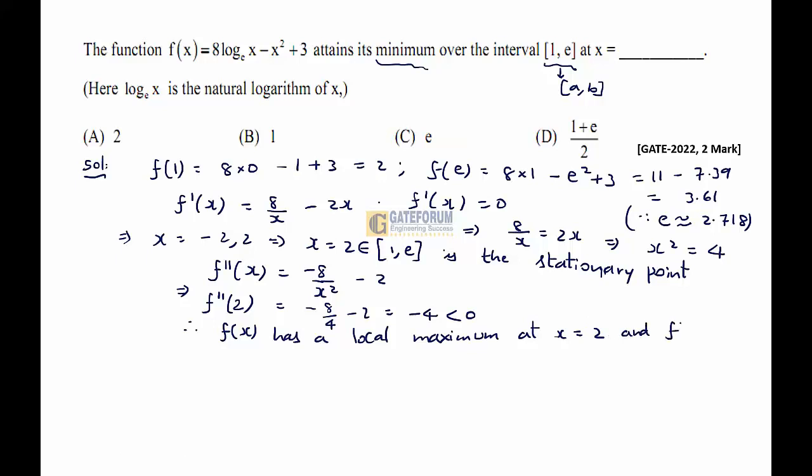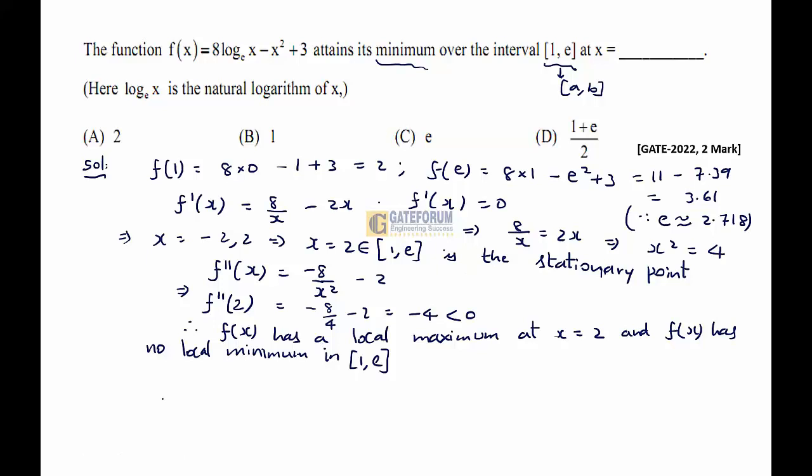And f of x has no local minimum in the closed interval 1 comma e. Why? Because only one x value is obtained in the given closed interval, that is one stationary point. At this stationary point, we got a maximum. So that means in the given closed interval, there is no local minimum.